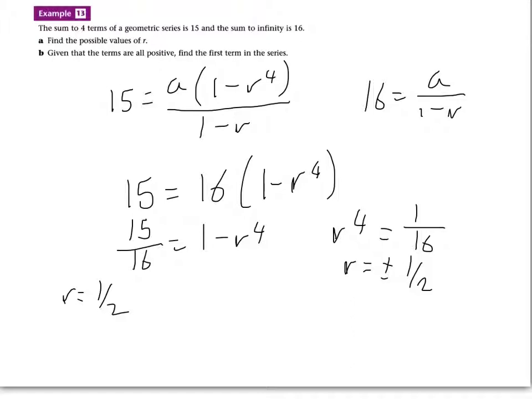We know 16 equals a over 1 minus r, so we can substitute in 16 equals a over 1 minus 1/2, which is 1/2, and rearranging this, we get a equals 8. All we've done is multiply both sides by 1/2, so you get 1/2 of 16 equals a.